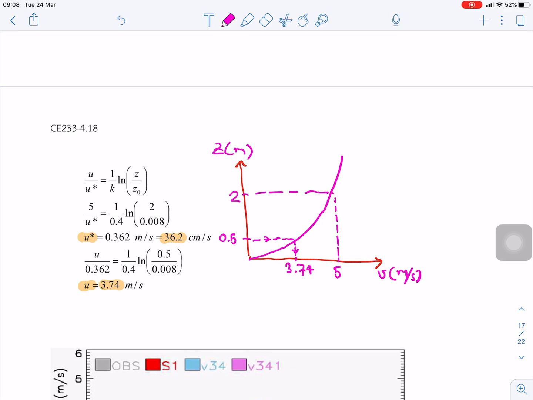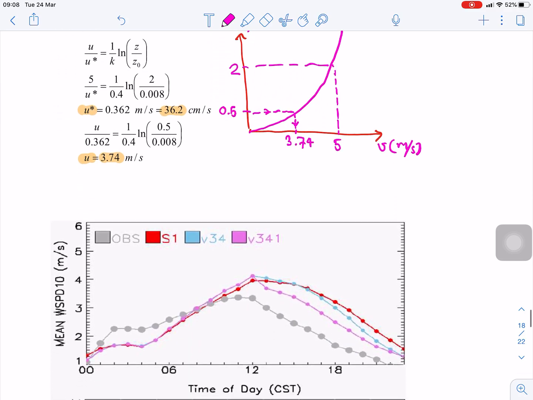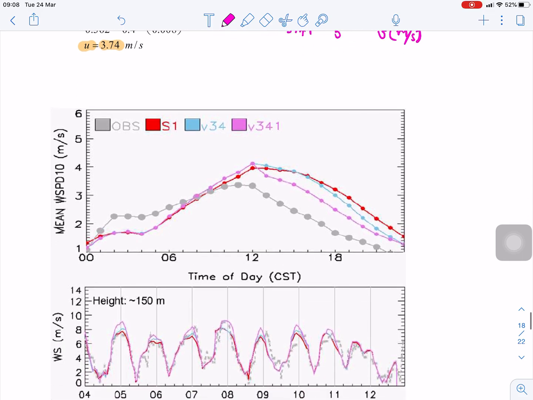Okay. The next figure shows the change of wind speed with the time of the day.